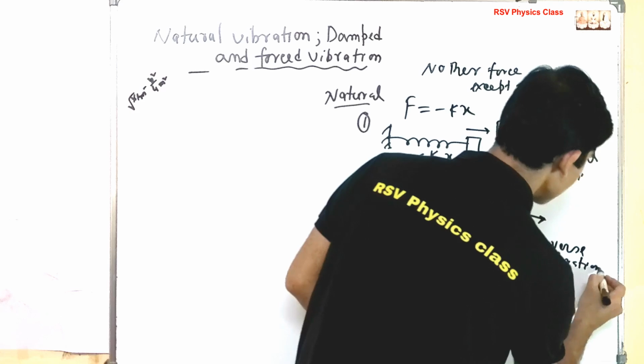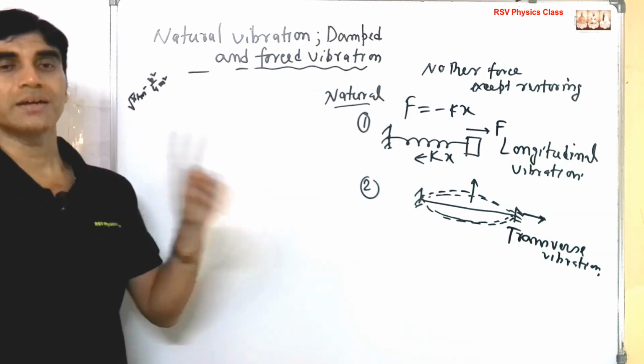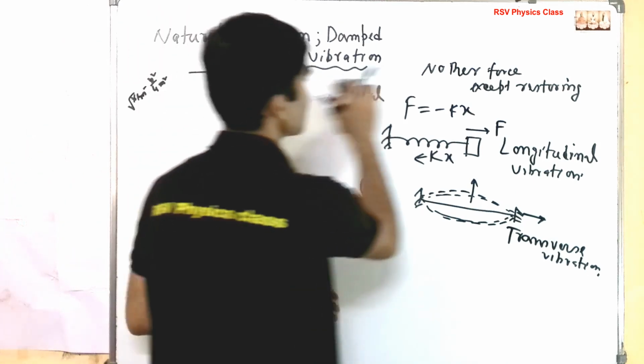So there are two types of natural vibration, longitudinal and transverse. Okay, so this is natural vibration.